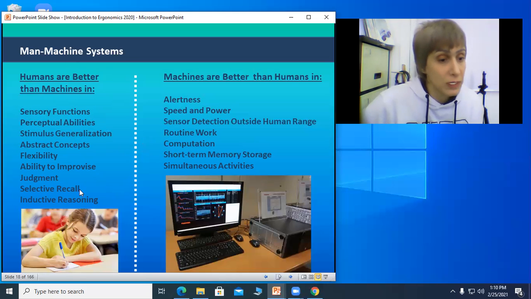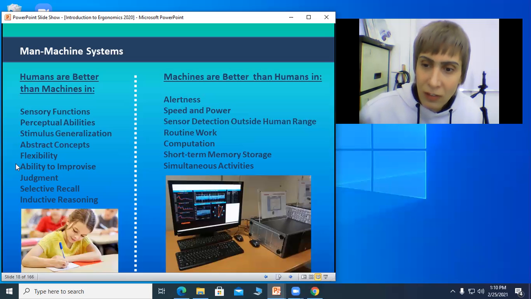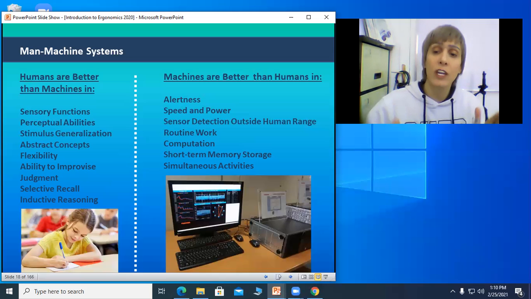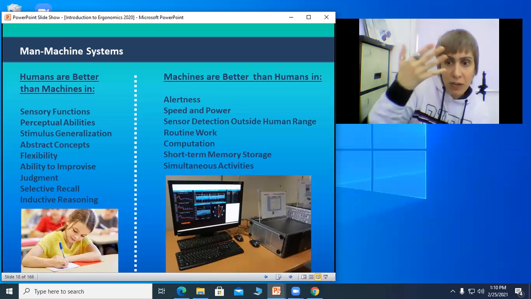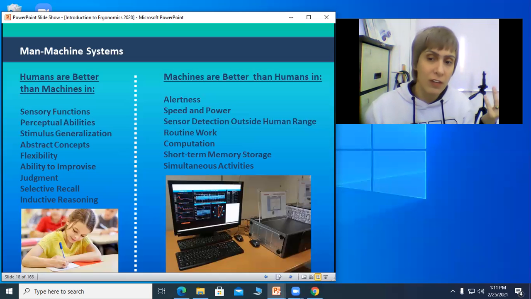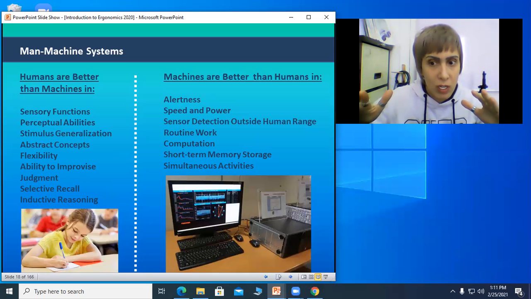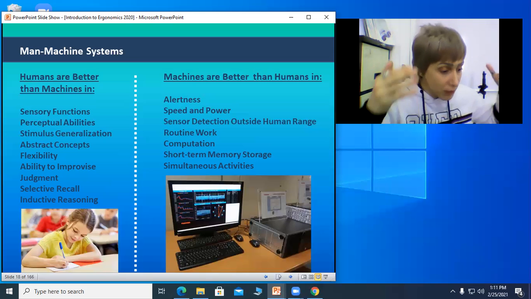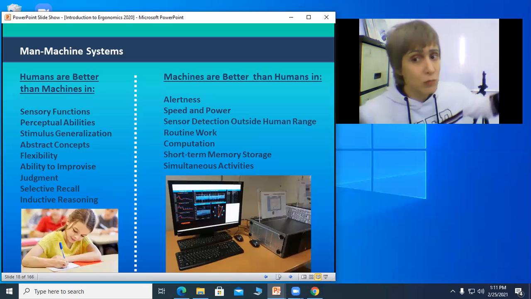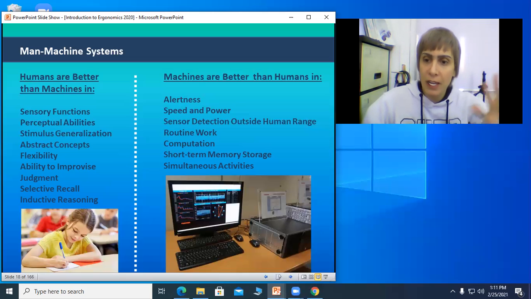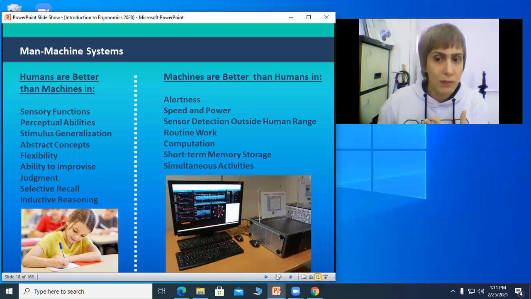So for example, the human has more flexibility. The machine is rigid, okay? You give it certain tasks to do, it will do these tasks, but it's not flexible to change as needed. The human can change at any time. I can deal with 5 or 10 things at the same time almost. For example, if now I do something and something else happens, someone comes in and starts talking to me, immediately I change, I start replying, so I'm very flexible, okay?